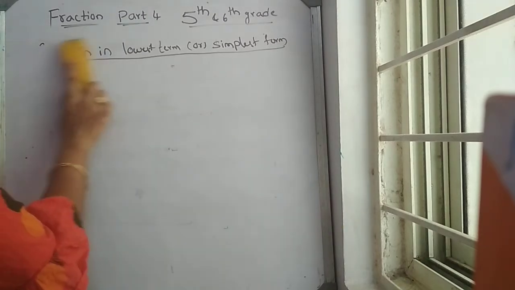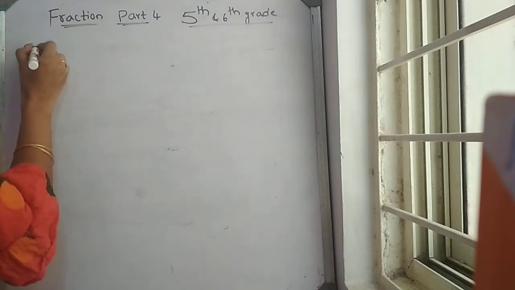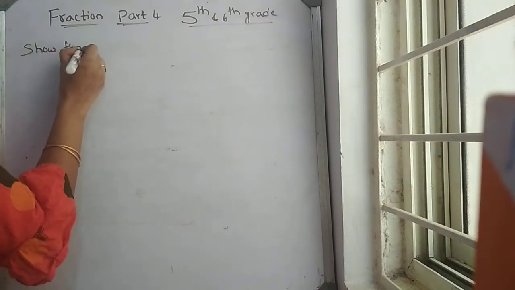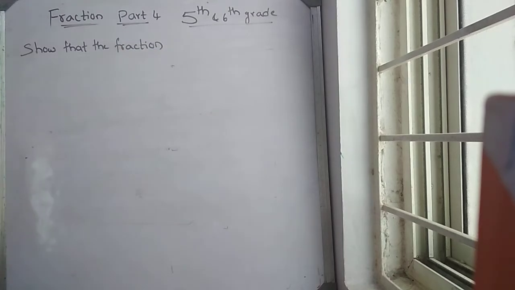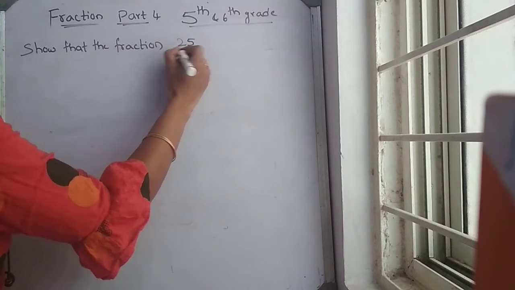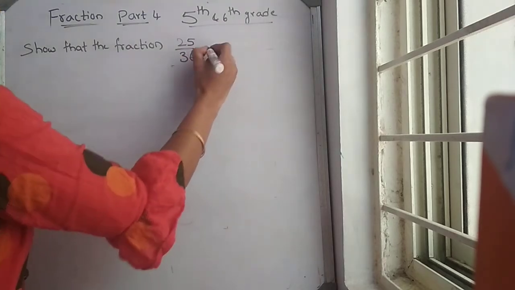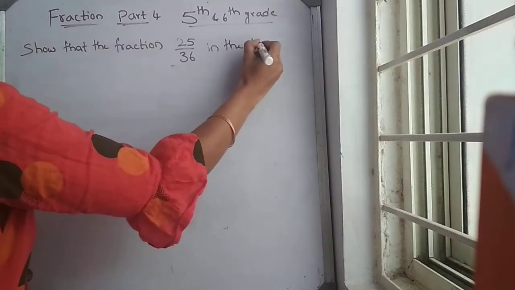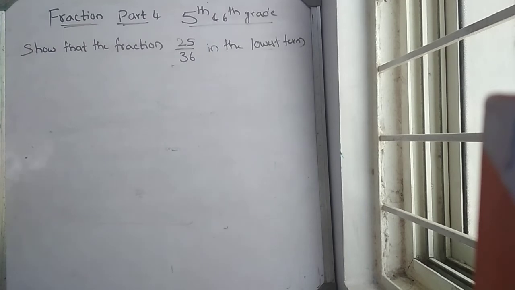First question: show that the fraction 25 by 36 is in the lowest term or lowest form.